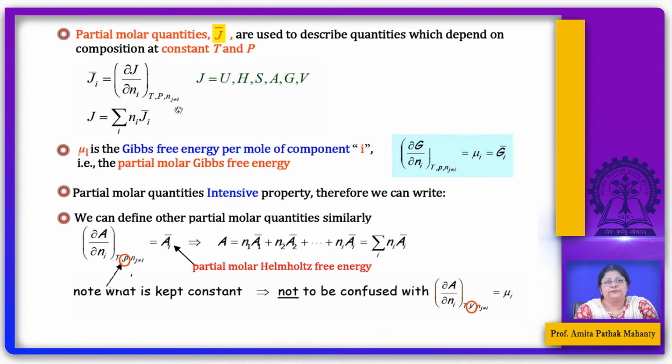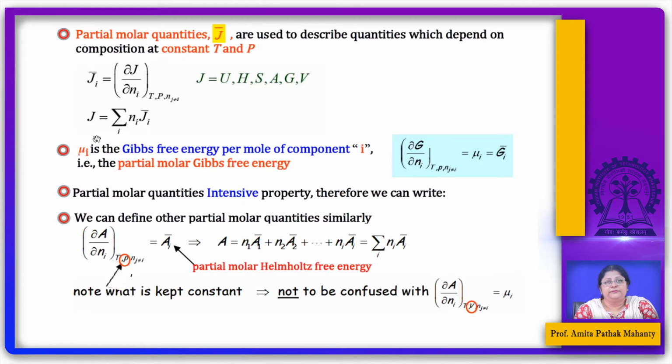But here I have defined it at constant temperature and pressure. Again, the partial molar quantity of a component, I suppose species i, is the change of whatever thermodynamic potential you're measuring with the number of moles of that species, keeping other species constant, if a number of species are present.